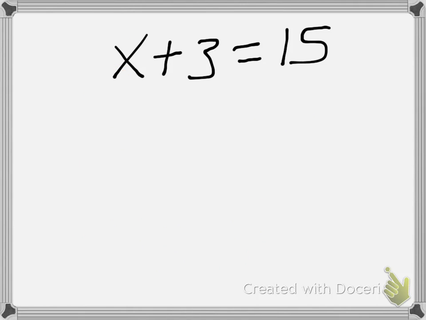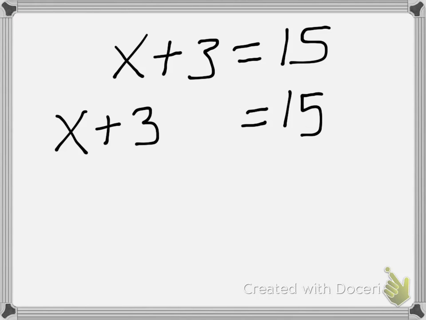The next method we are going to use is called the balance method or isolation. When we are using this method, we have to figure out what operation is being applied to our variable. In this case, we know that x is being added to 3.